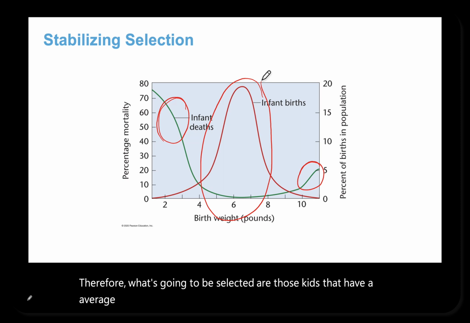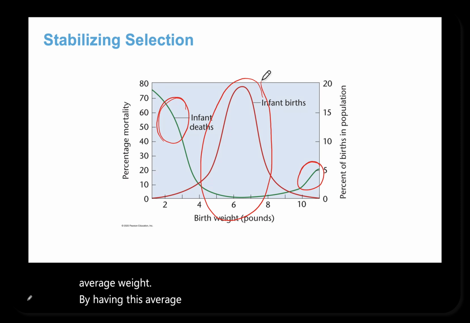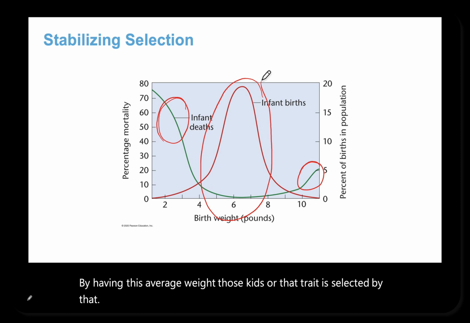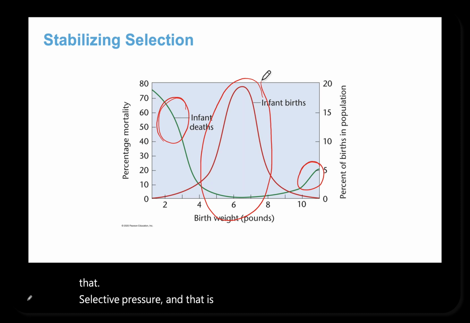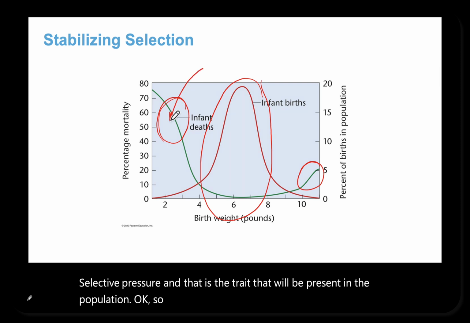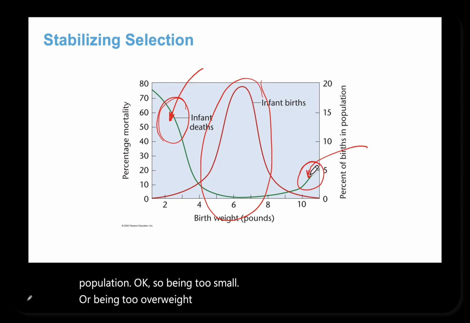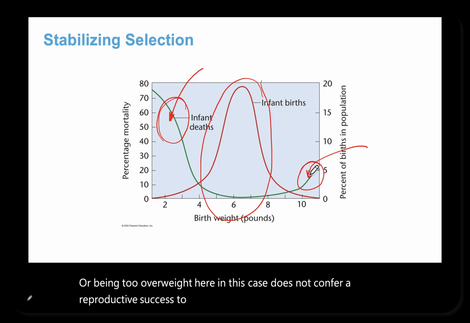By having this average weight, those kids, or that trait, is selected by that selective pressure, and that is the trait that will be present in the population. Okay? So being too small or too overweight in this case does not confer reproductive success to that population.